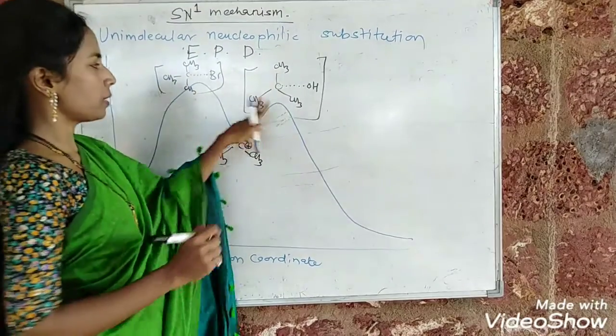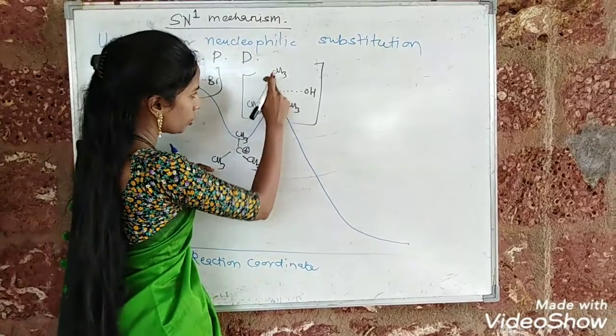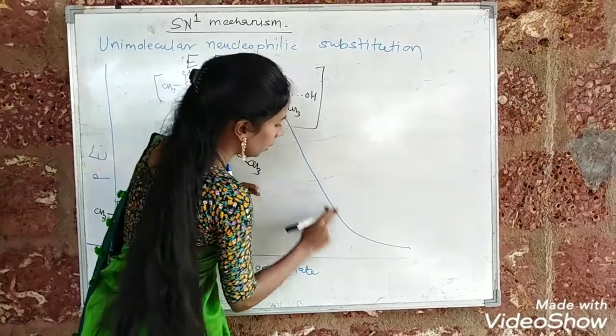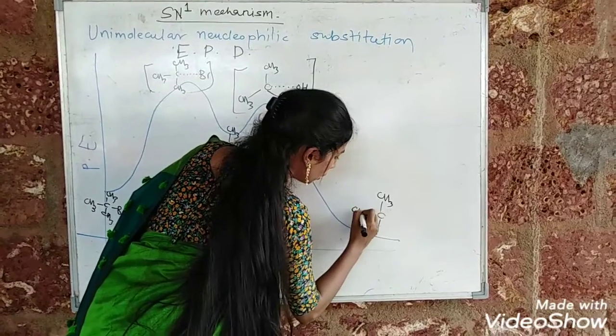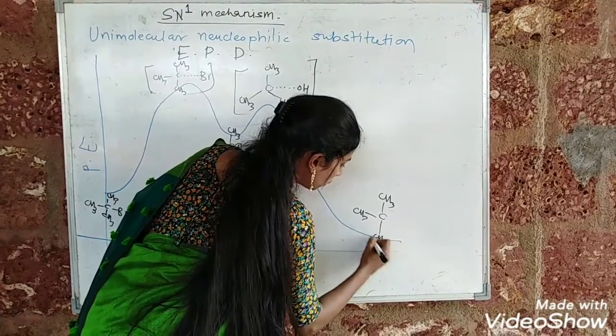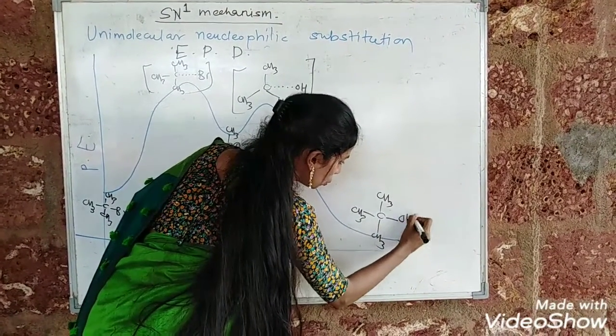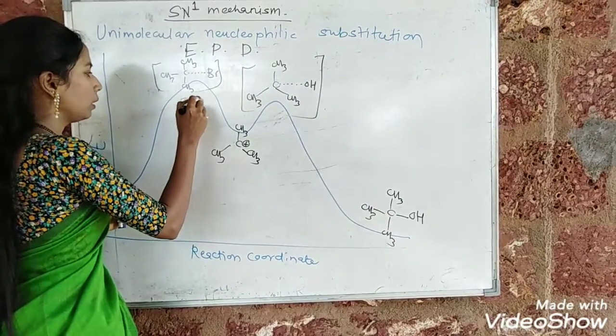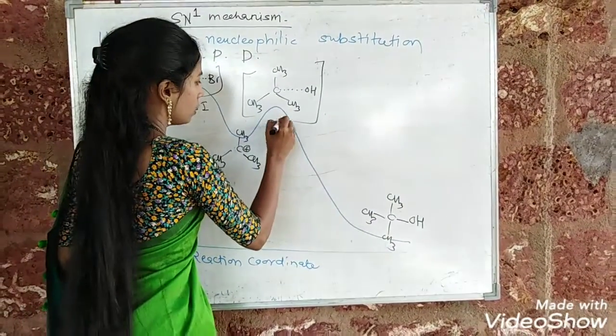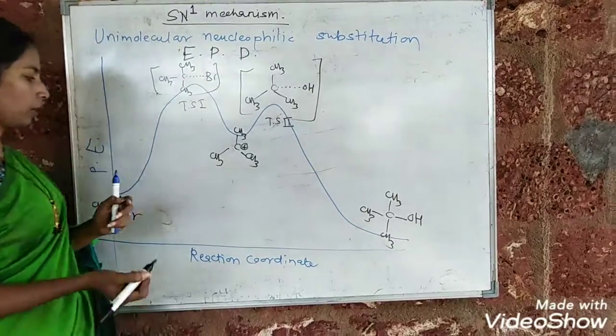When it reaches the maximum, it is immediately converted into product, and in the product the carbon-oxygen bond is completely formed. So this is PS1, this is PS second.